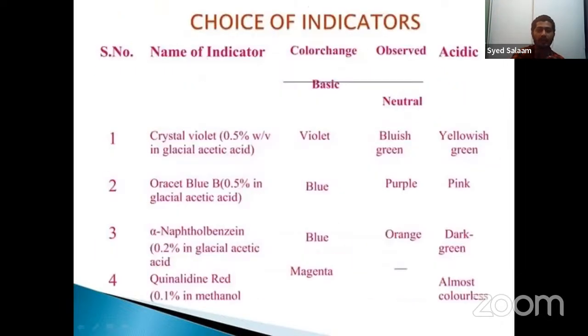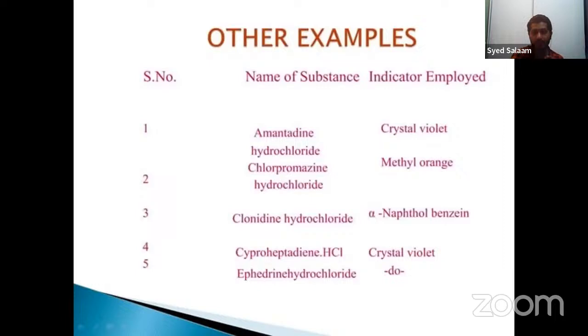We have a list of various substances titrated by the non-aqueous method. Important compounds include amantadine hydrochloride, chlorpromazine hydrochloride, clonidine hydrochloride, and triprolidine, for which crystal violet is used. For clonidine, we use alpha-naphtholbenzein, and for ephedrine hydrochloride we also use crystal violet as the indicator.